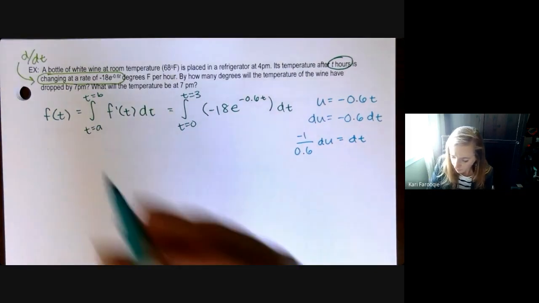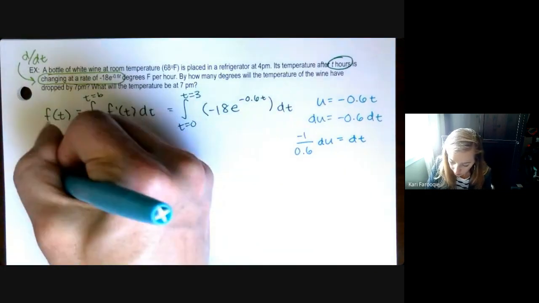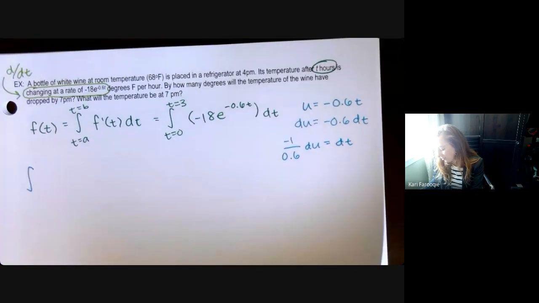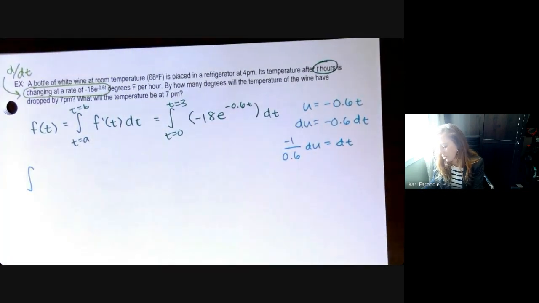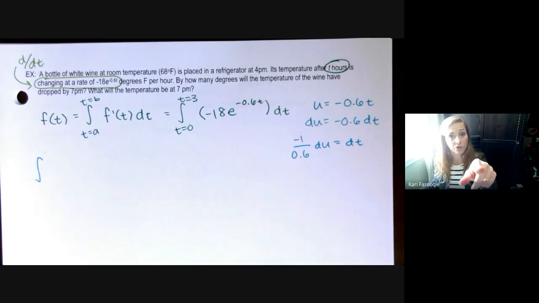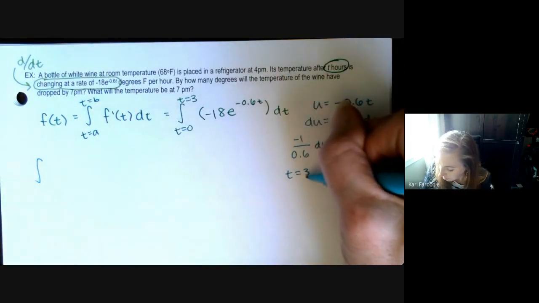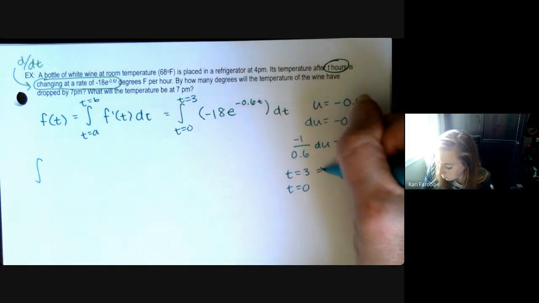And then we need to figure out what we're going to do about these limits of integration. Do we want to switch them? Do we want to back substitute? Let's go with back substitute on this one. It's up to you. No, I made such a big deal about it. Let's switch them. We're going from t equals 0 to t equals 3.